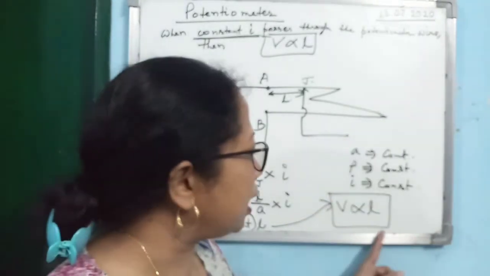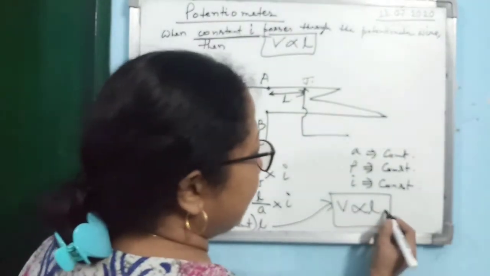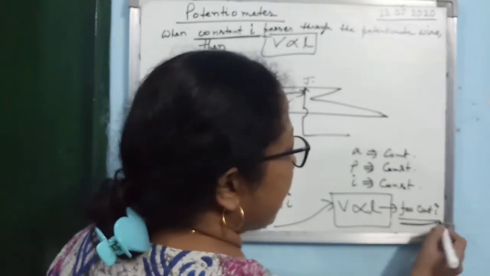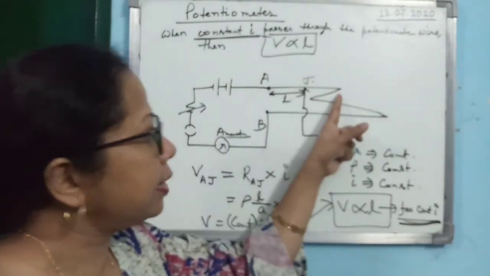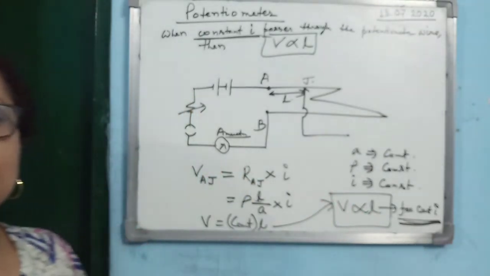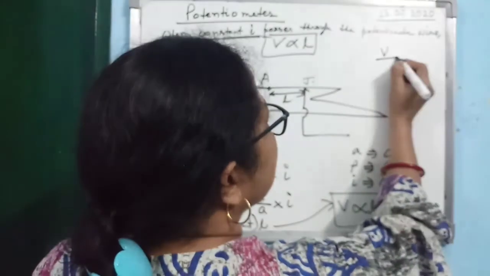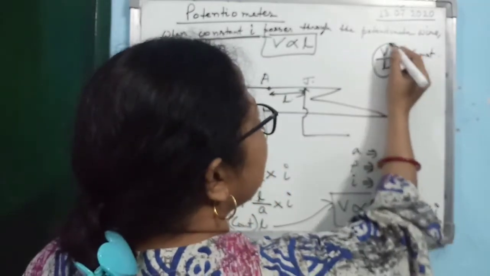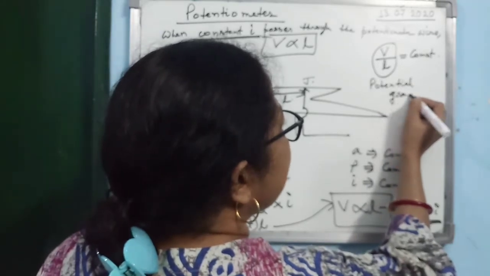So this is the working principle of potentiometer, that V is proportional to L for constant I. This is important. I should be constant. You have to send constant current through the potentiometer. Then only V will be proportional to L. So you see, for a potentiometer, if you find V by L, it is constant. Now this V by L is known as potential gradient.